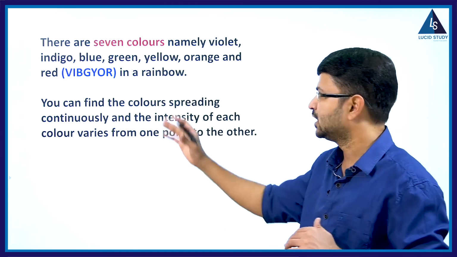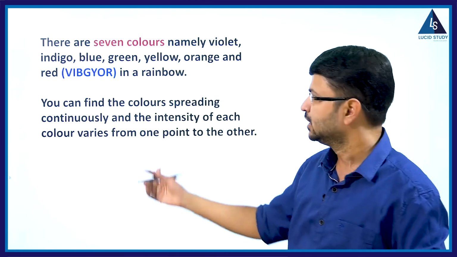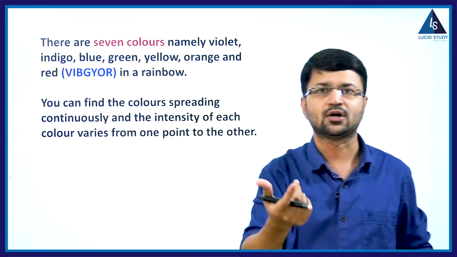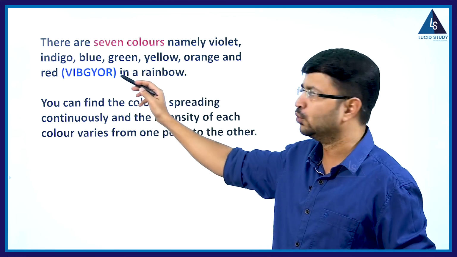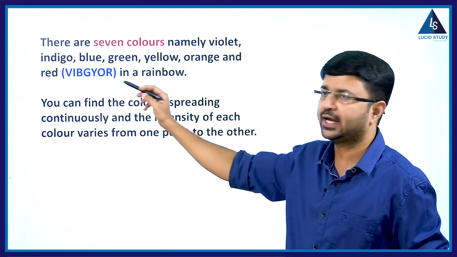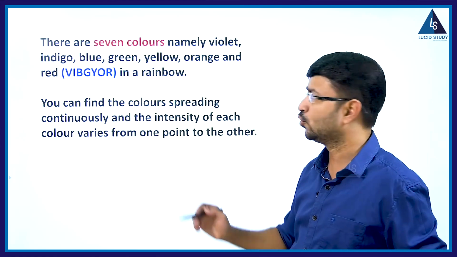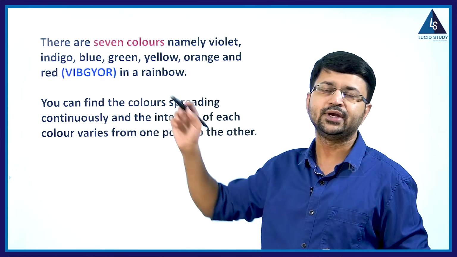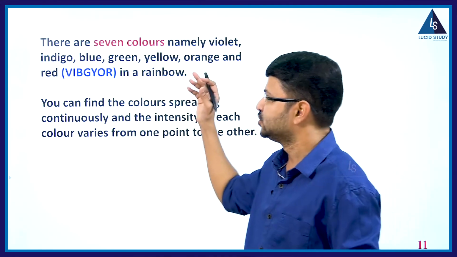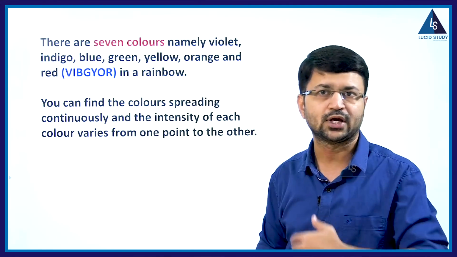And what are those colors? All those 7 colors can be called in short as VIBGYOR. Violet, indigo, blue, green, yellow, orange and red, yes or no. Starting from violet towards red, there will be a change in the wavelength, which we are going to discuss in our further sessions.